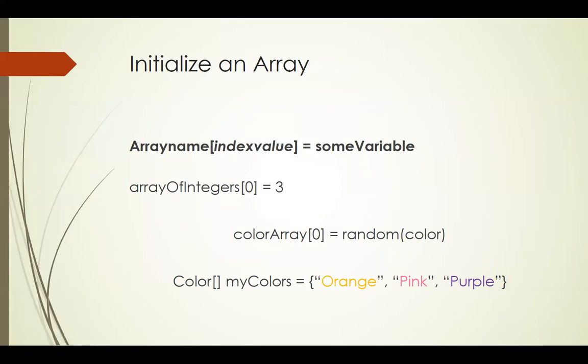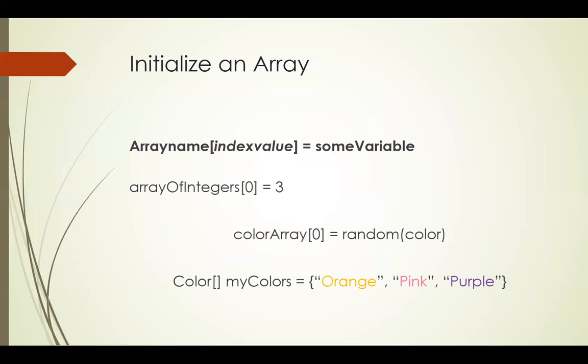Now, after we declare an array, we have to initialize it, put some data in it. So we can do that in lots of ways. We can specify the array name and then the pointer location, like position 3 is equal to something, some variable. Here I'm saying the first position in the array of integers is equal to 3.